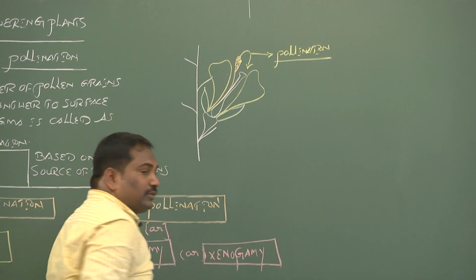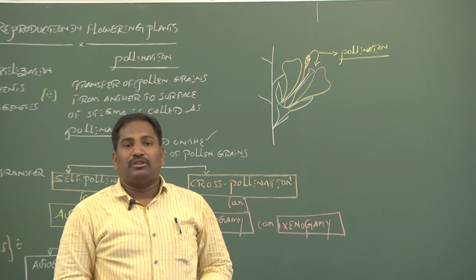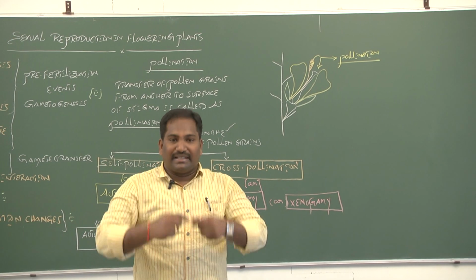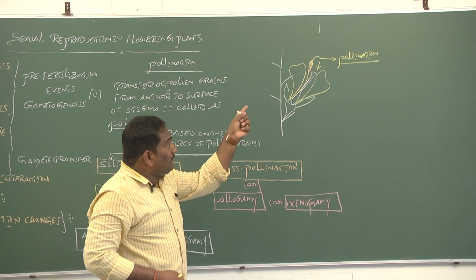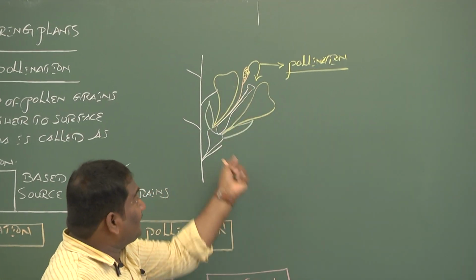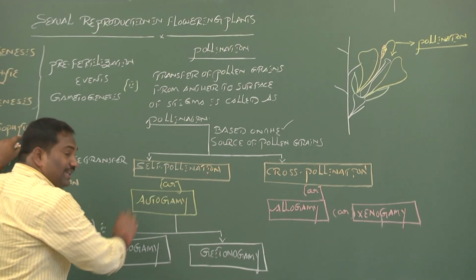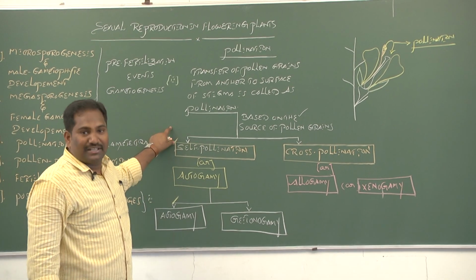Already you know very well, pollination is one of the best mechanisms to achieve fertilization. The transfer of pollen grain from anther to stigma within the same flower, a single flower, is called autogamy, which is nothing but self-pollination.